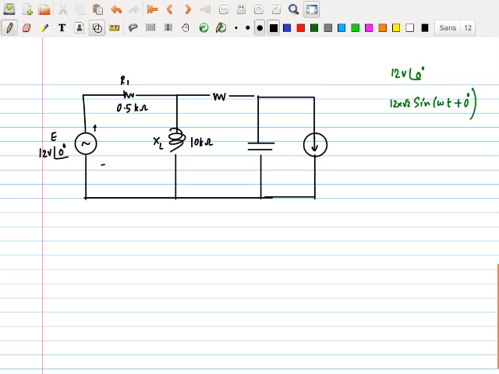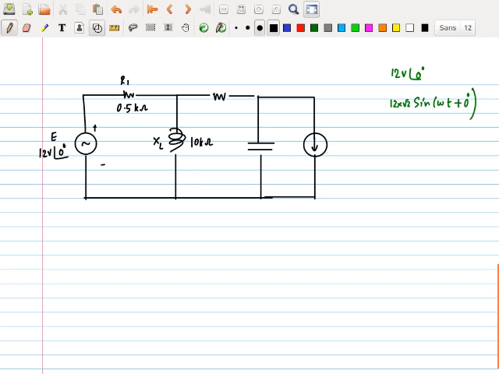Rather than giving you the inductance value, if they gave you the inductance value, the actual reactance would be what? Capital L times the frequency, L omega. They have done that calculation and given you the final value.